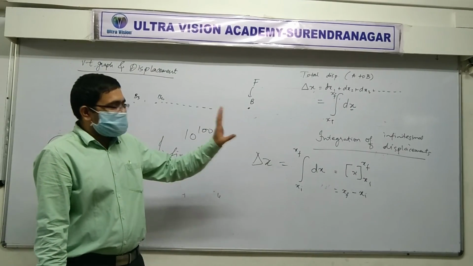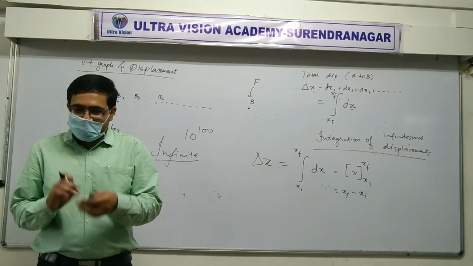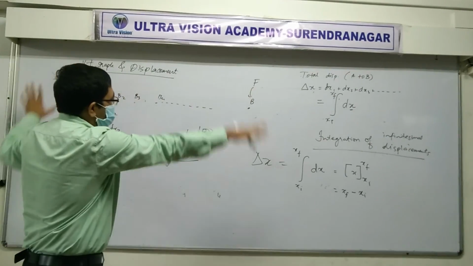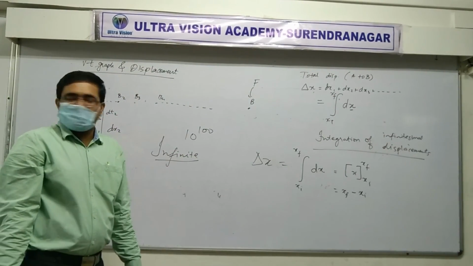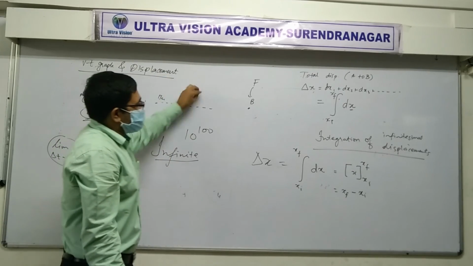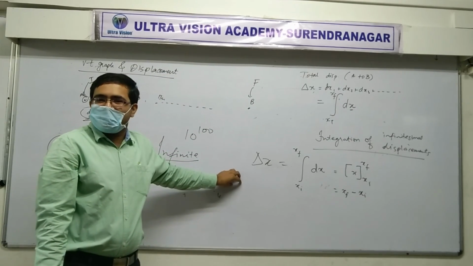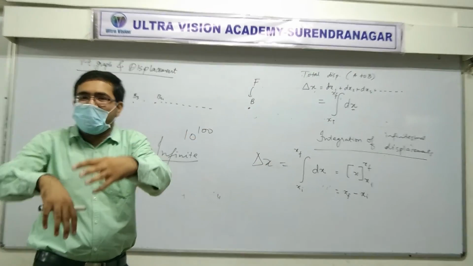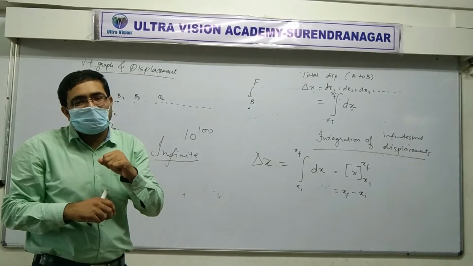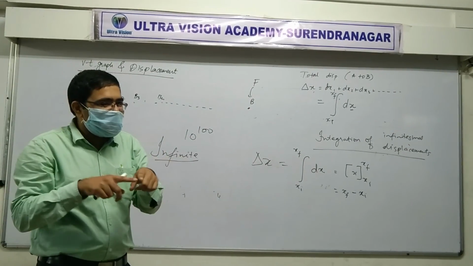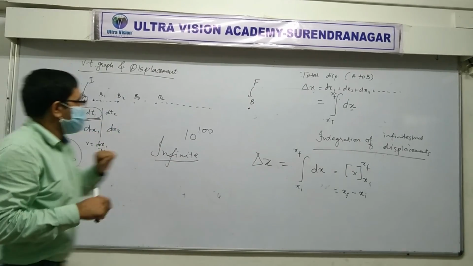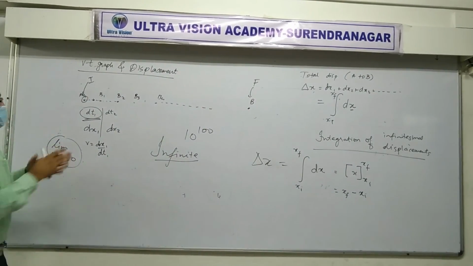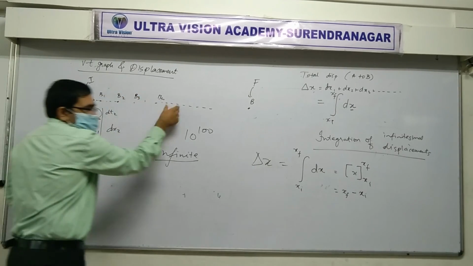Yes. So what I have taught you so far is really common sense. Think about it. Suppose I want to find the area of this board. If I divide it into so many tiny parts, and then take all of that and add it back again, what would I get? I get the total area of the board. Yes or no? Yes. Same idea here. A to B is a large displacement. Agreed? Yes. So we divide that into tiny displacements.